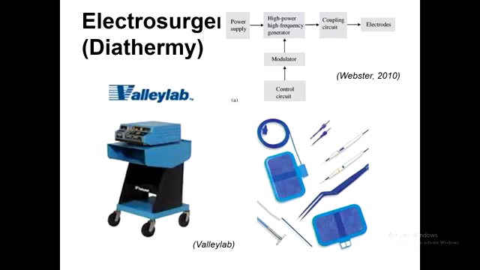This is an old style ESU, electrosurgical unit. Valley Lab now is owned by Covidien, which is owned by Medtronic, and truth be known, most of us in the world really work for Medtronic, but we don't know because they own everything. No, I'm being facetious here.